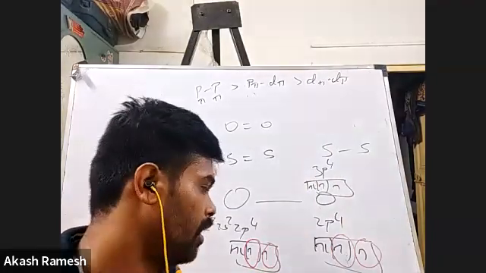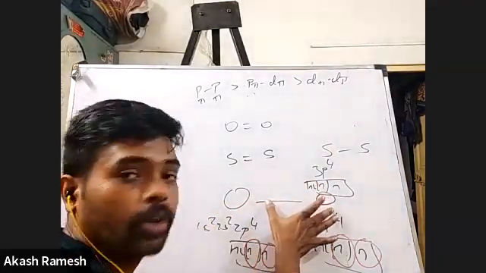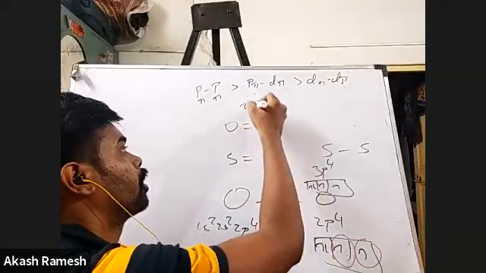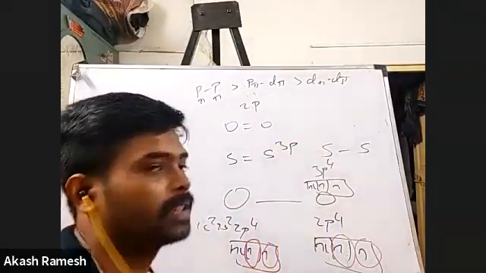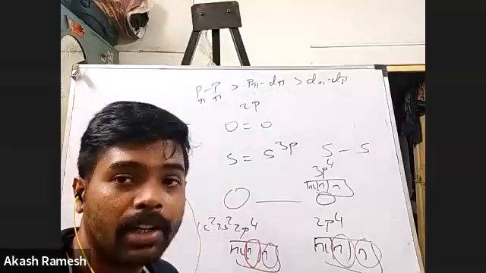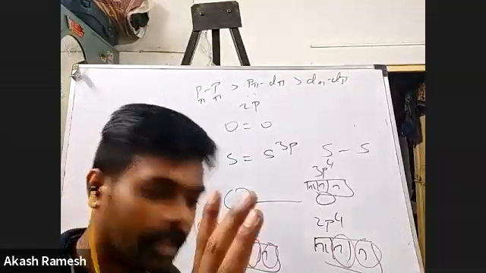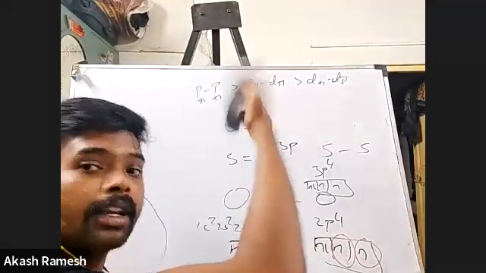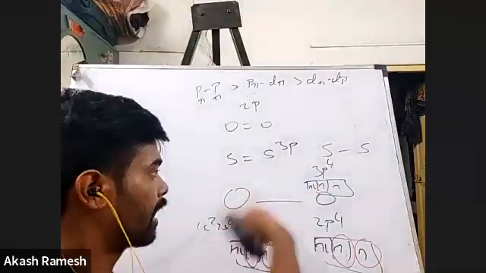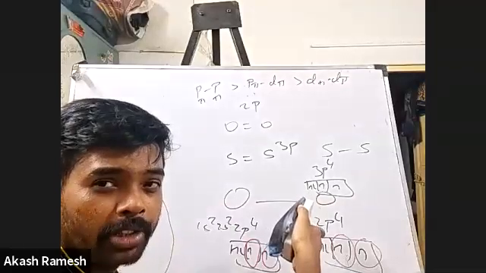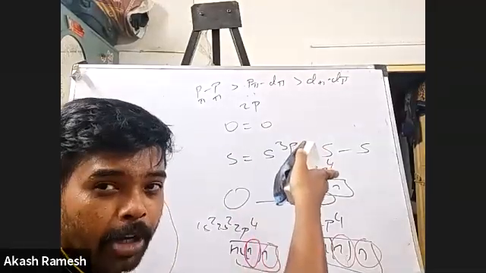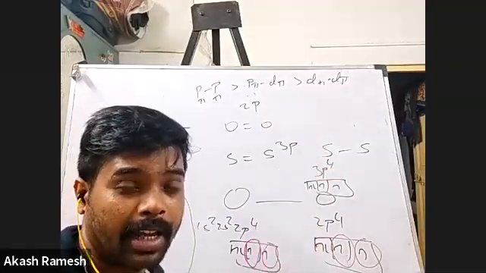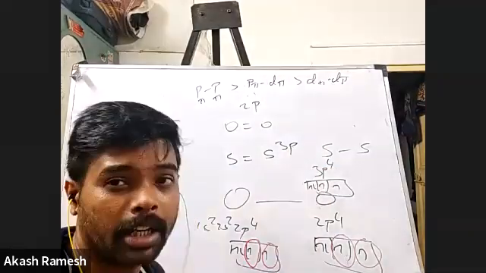Okay, fine. So in O double bond O, it is 2p orbitals that are involved. In S double bond S, it's going to be 3p orbitals. Now please understand this also: in p pi itself, I can have differences. I can have 2p orbitals involved, or 3p orbitals, or in some cases even 2p and 3p orbitals.